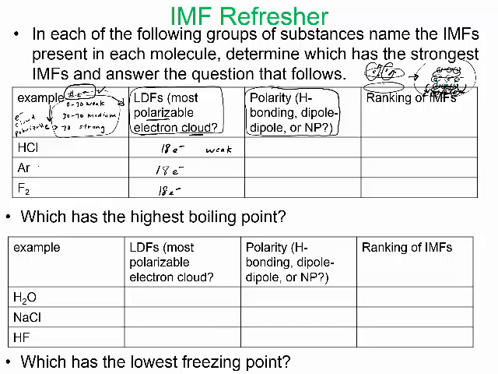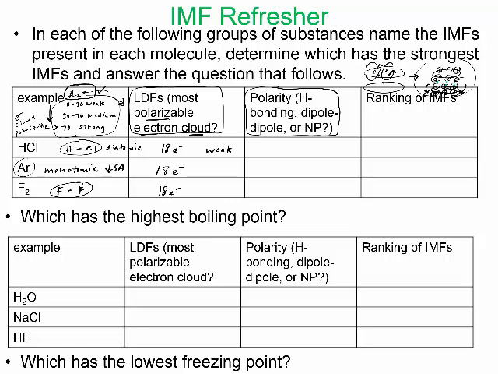However, one thing to note here is that argon is actually monatomic, which means it has a lower surface area. HCl is diatomic, so that cloud effect, that instantaneous dipole effect, is better on this molecule. And then we have F2, which is also diatomic.